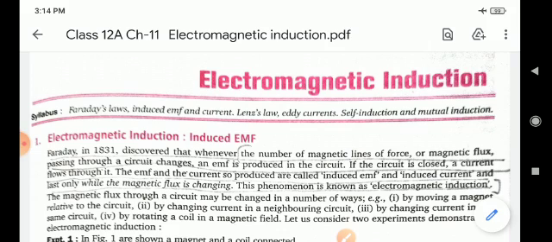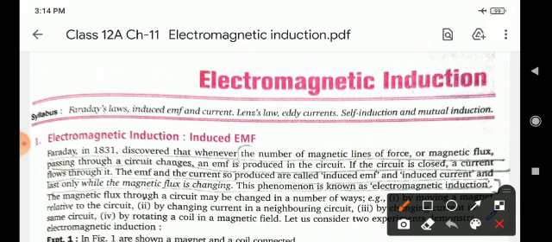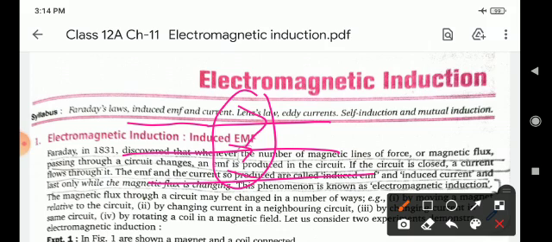We know that a uniform magnetic field passes normally through a plane surface area as shown in the figure. Children, this is the coil, and these are the magnetic lines or magnetic flux. Okay children?